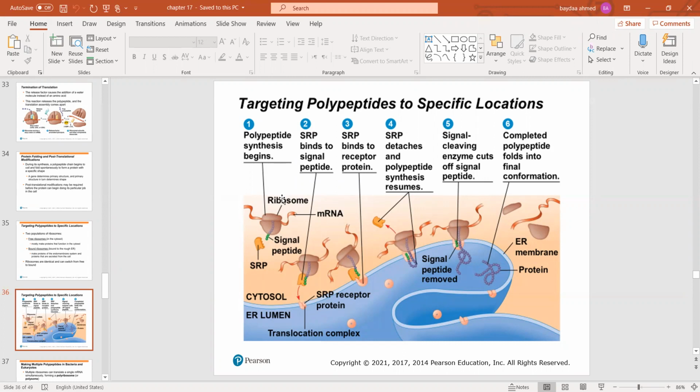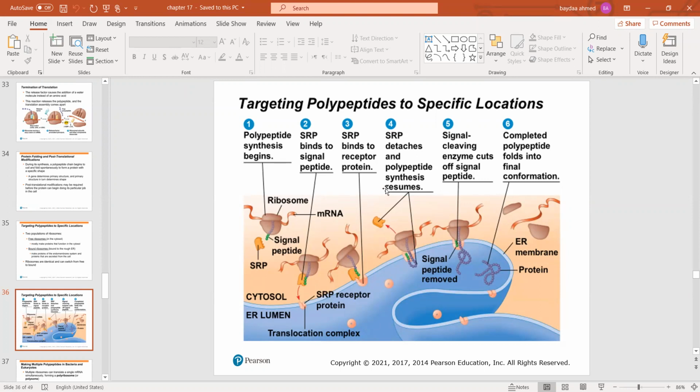Targeting polypeptides to specific locations: polypeptide synthesis begins on a free ribosome in the cytosol, and a signal recognition particle, SRP, binds to the signal peptide if present, halting synthesis momentarily. The signal recognition particle binds to the receptor protein in the endoplasmic reticular membrane, part of a protein complex that forms a pore.